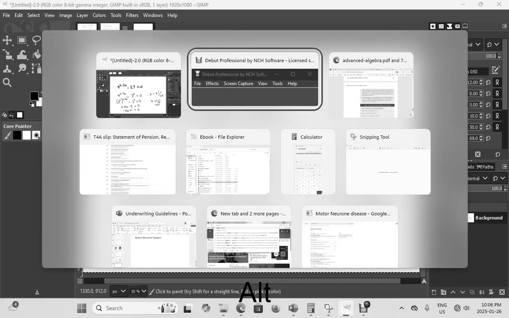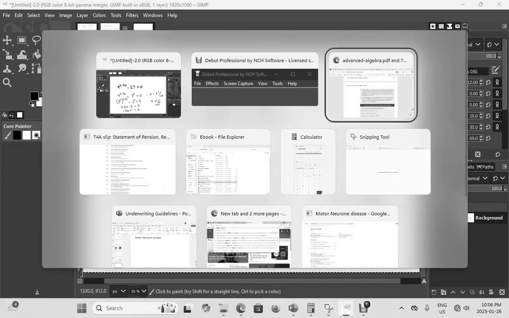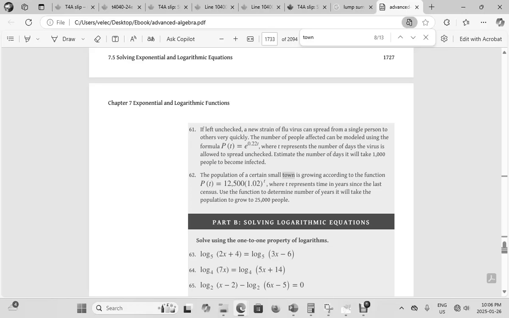When it comes to real world or practical applications, let's look at this example. The population of a certain small town is growing according to the function P(t) equals 12,500 times 1.02^t, where t represents time in years since the last census.